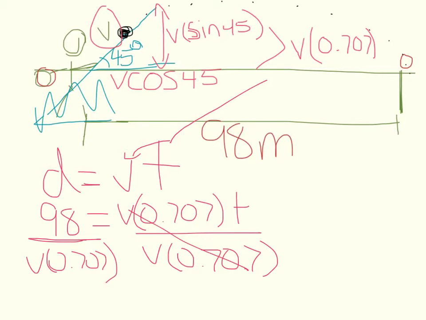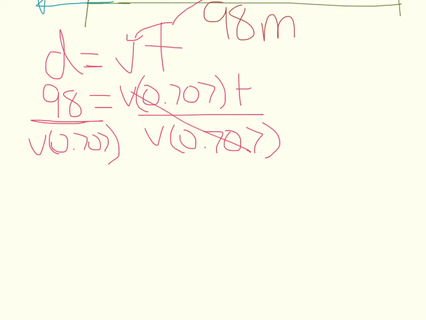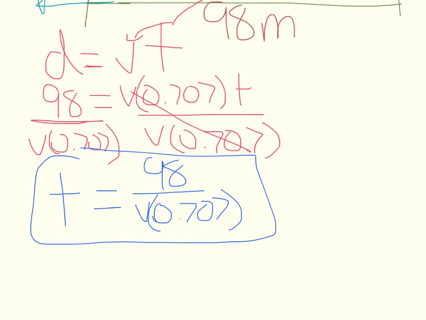Yep. And then, moving down, we'll make t blue. So t is going to equal 98 over v times 0.707. So that is our time value right here.